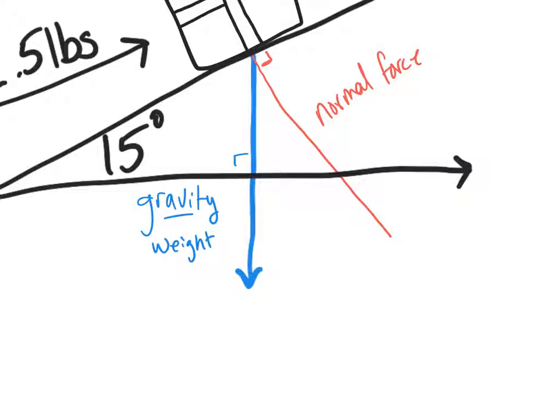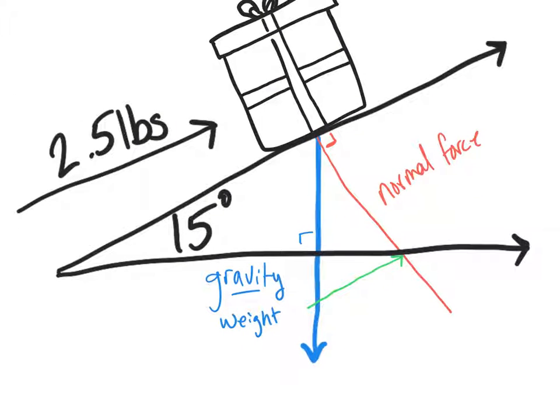Not a big deal. The next one we're going to do is the vector that we already have. This is the one for the vector parallel to the ramp. So this is the force where you have the 2.5 pounds here. Since it's going just like this, we're just going to represent that in the same exact way down here. The important part is that this creates a nice little right triangle.